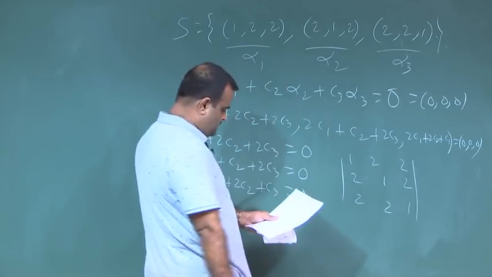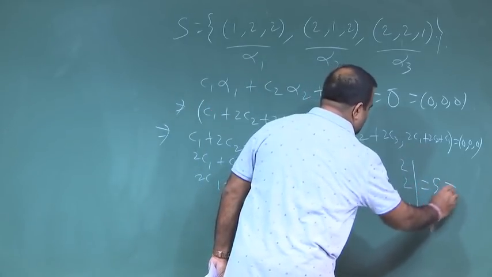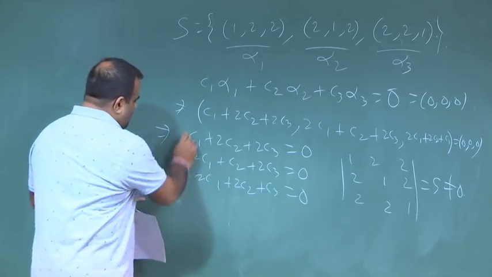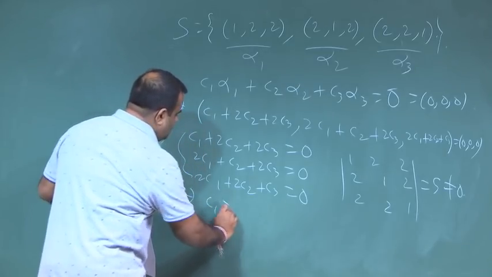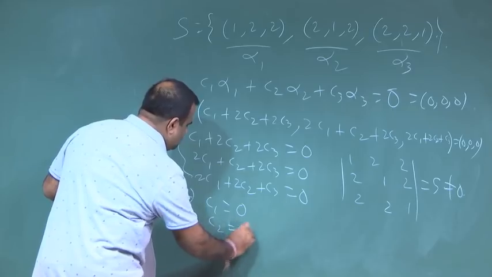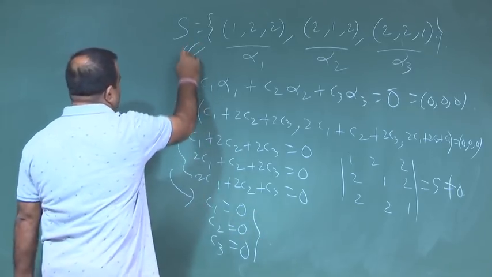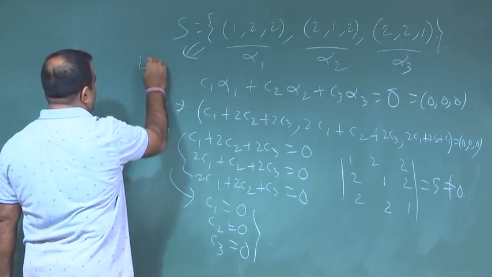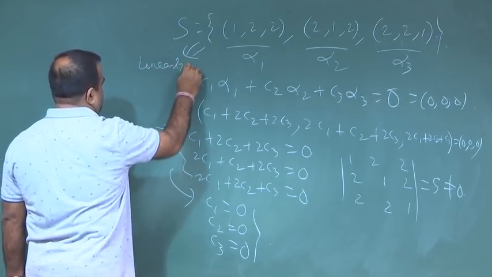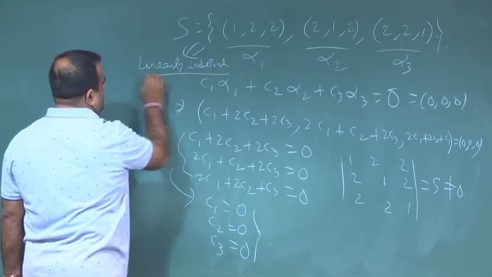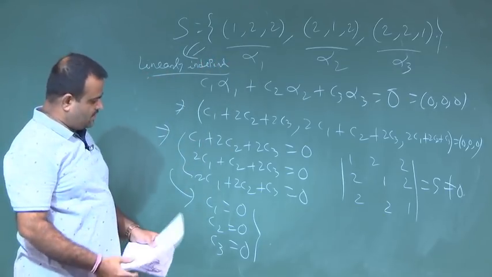So this determinant is basically 5, which is non-zero. So that means we have the only solution C1 equal to 0, C2 equal to 0, C3 equal to 0. So this implies this is a linearly independent set of vectors.